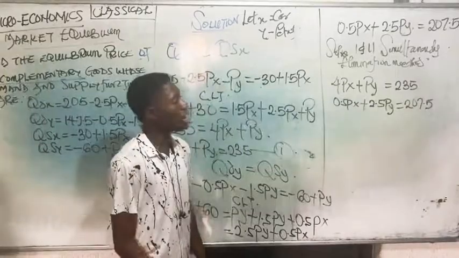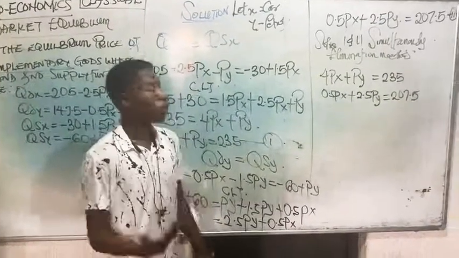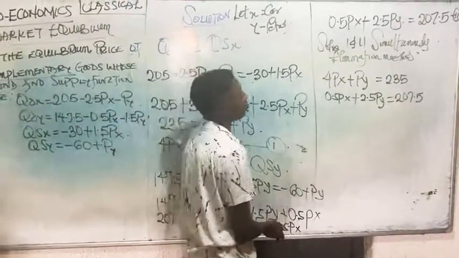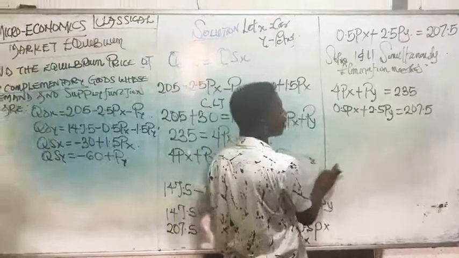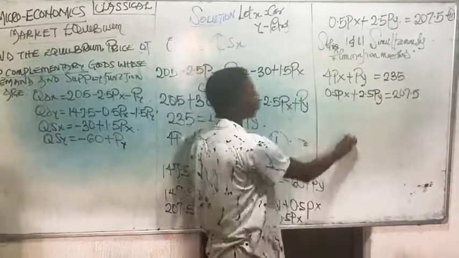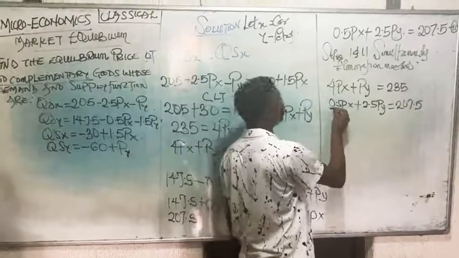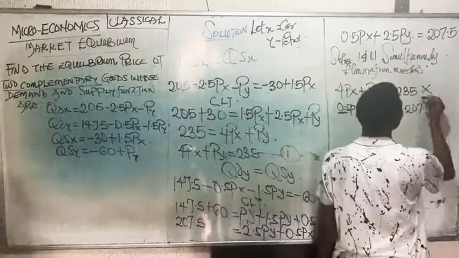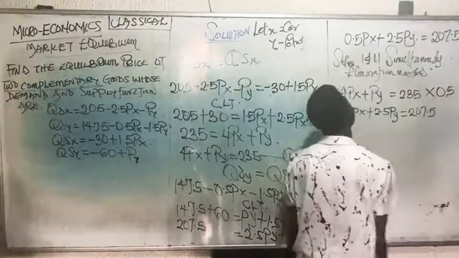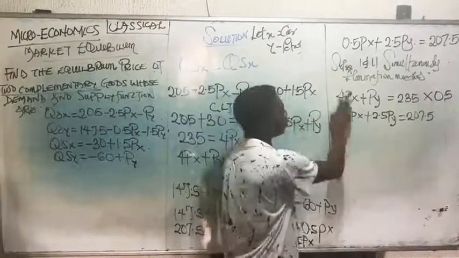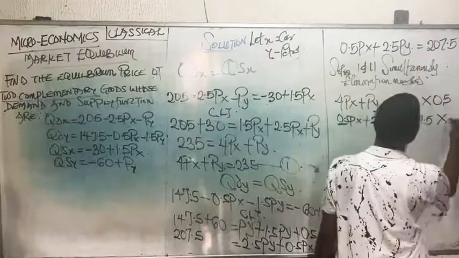We tend to eliminate one variable in order to solve for the other. So let us eliminate Px so that we can solve for Py. To do that, we multiply the first equation all through by 0.5, and the second equation all through by 4.